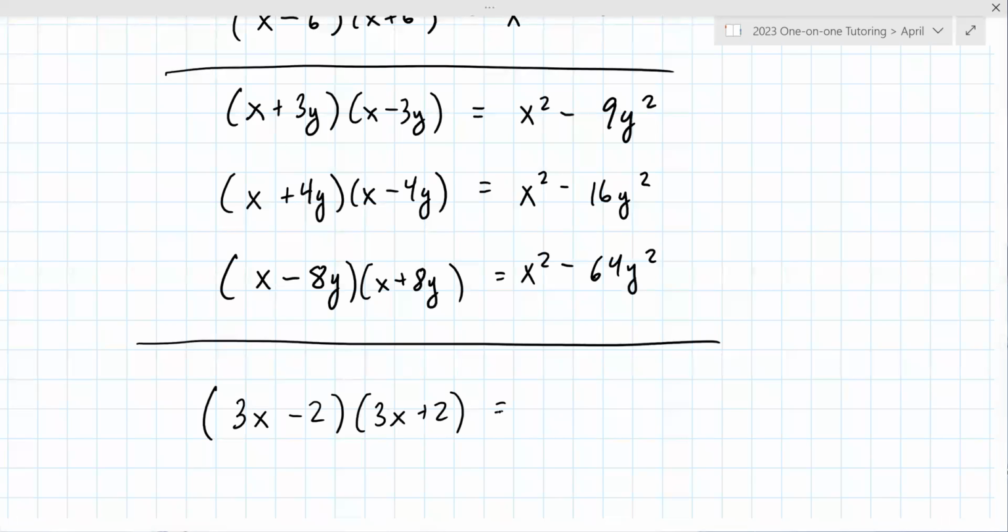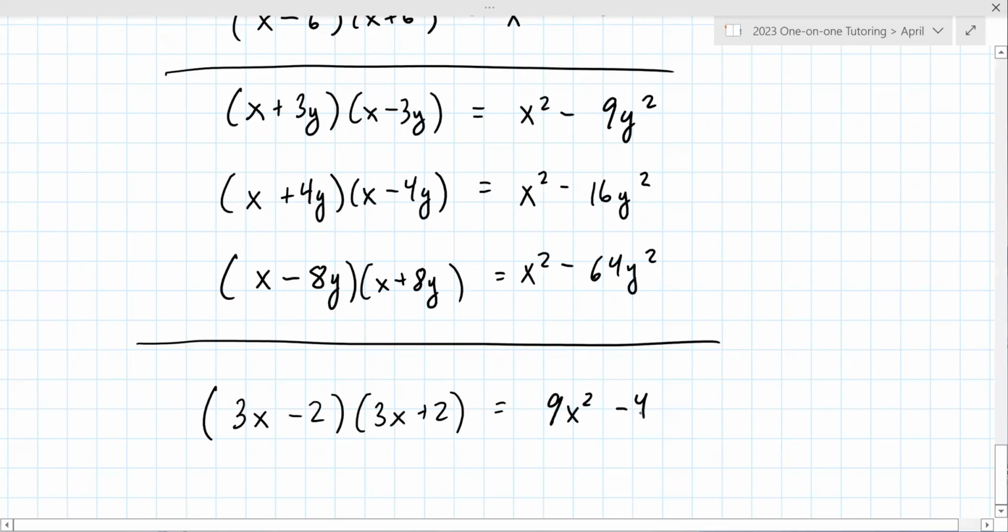Or if you think you see the pattern, I want you to FOIL it. Is it 9x squared minus 4? Yes. Okay.